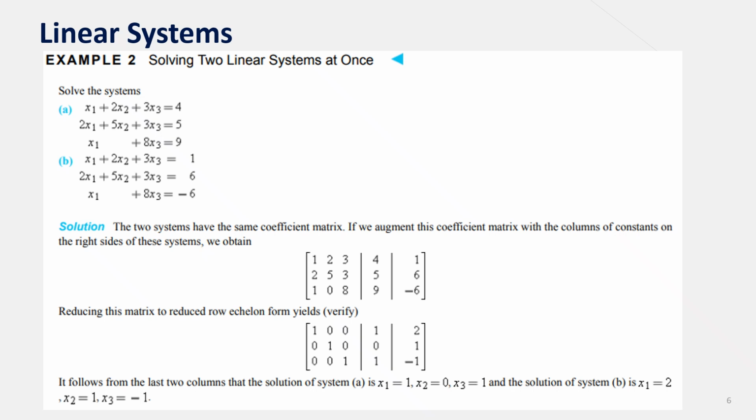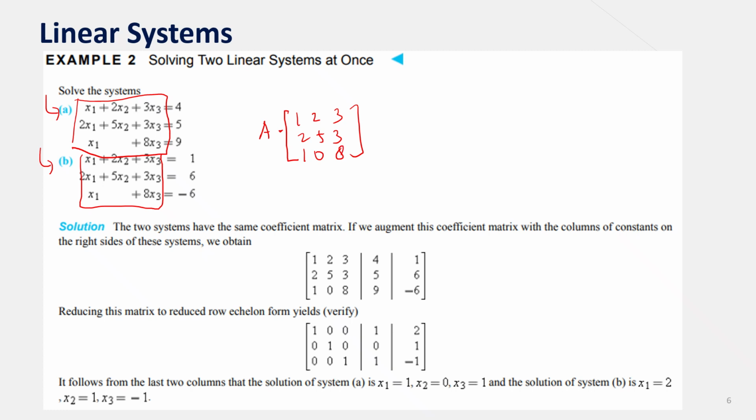So first of all, let's take a look at the problem. We have two different linear systems, let's say linear system A and B. However, both of them have the same coefficient matrix A. You can see here the coefficient matrix A of both systems is equal to 1, 2, 3, 2, 5, 3, 1, 0, 8.